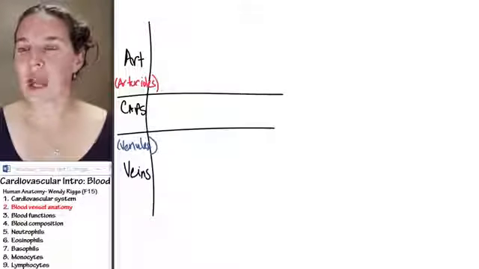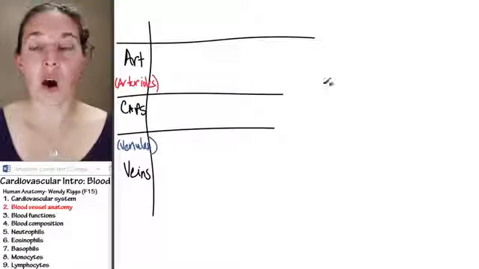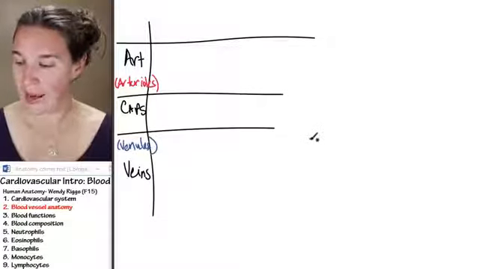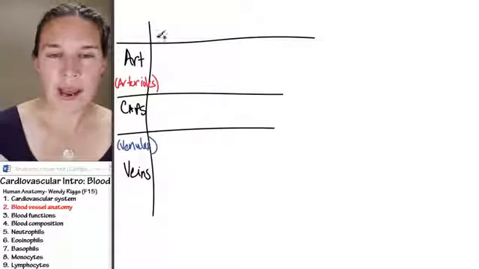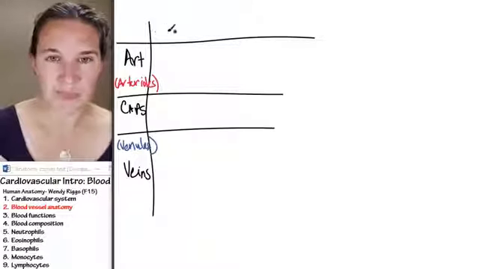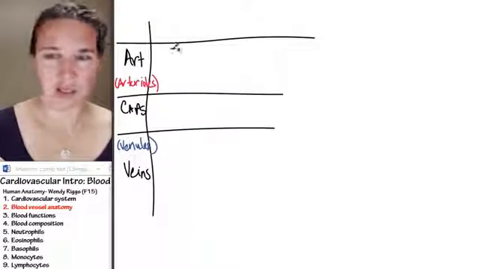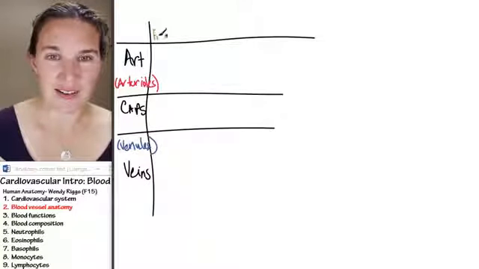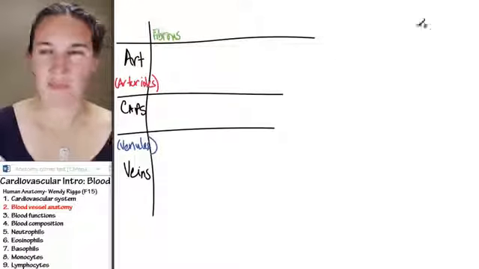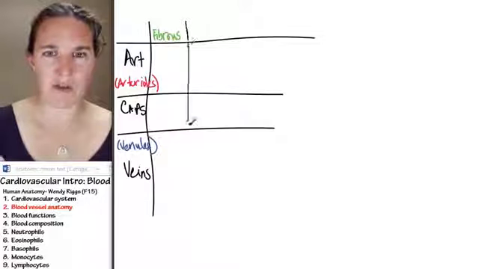Okay, so let's look at what they're actually made out of. All of our vessels have layers and certain components. We have a fibrous layer. Oh gosh, I want to color code it because I can't help it. We have a fibrous layer, and we're going to keep track of who has this fibrous layer you speak of.